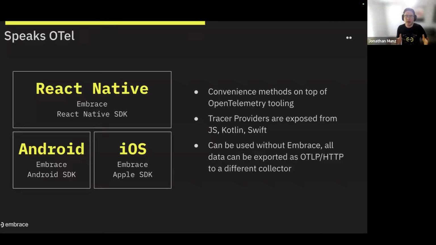But this doesn't block accessing the underlying OpenTelemetry objects and just setting up a tracer provider with any other instrumentation, whether that's something Embrace wrote or something someone else wrote, and having that all work in our SDK as well.